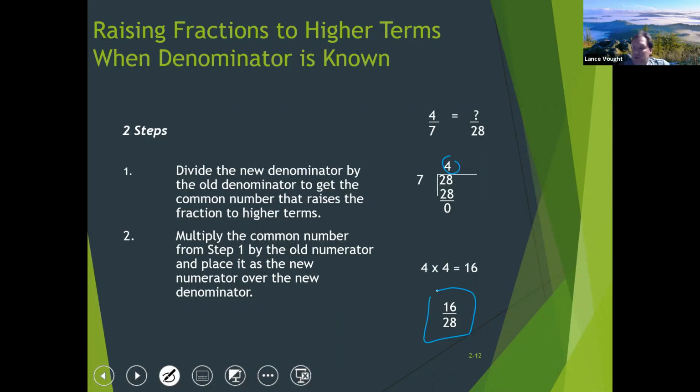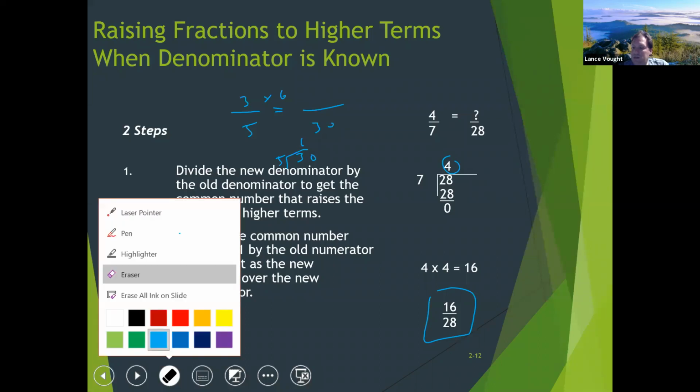So just like if we wanted to convert, say, 3/5 into x over 30. Well, 30 divided by 5 is 6. So we're going to multiply this times 6, and 3 times 6 is 18. So this will become 18 over 30.